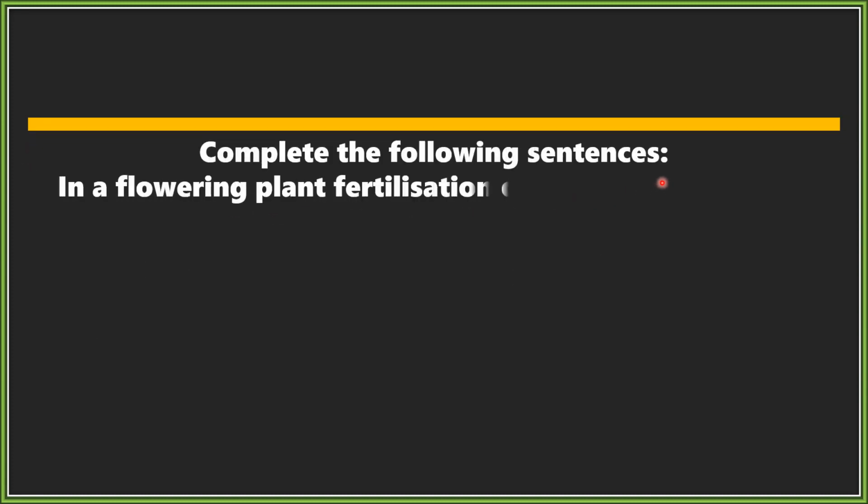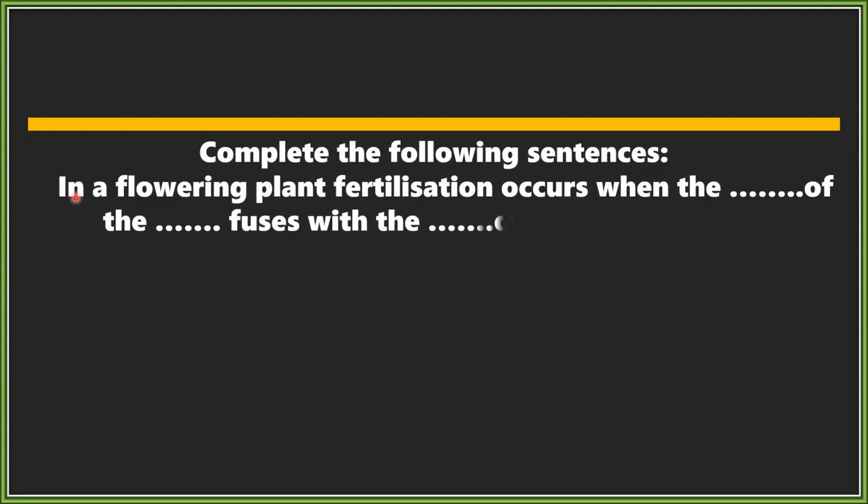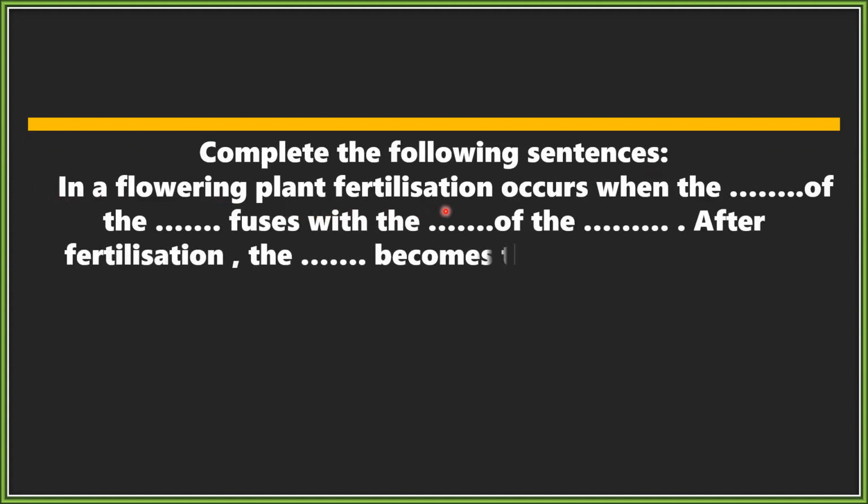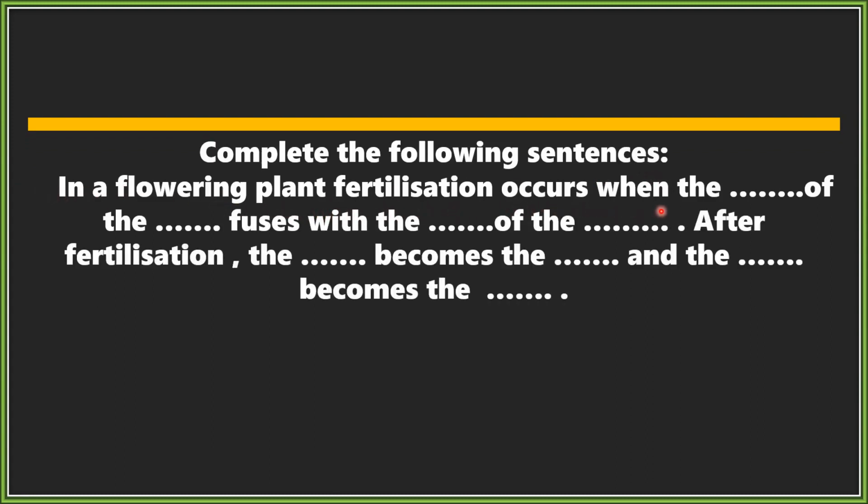Complete the following sentences. In a flowering plant, fertilization occurs when the dash of the dash fuses with the dash of the dash. After fertilization, the dash becomes the dash and the dash becomes the dash.